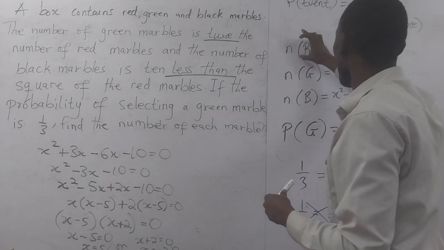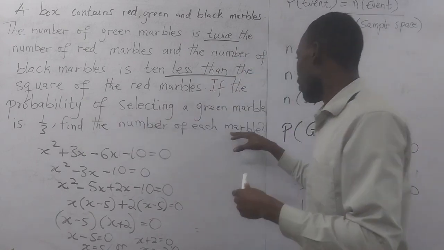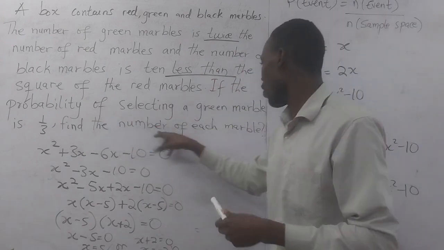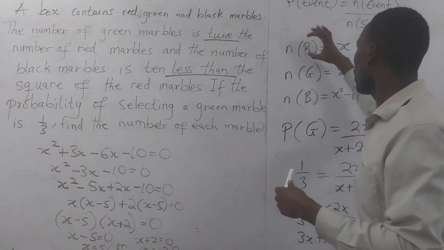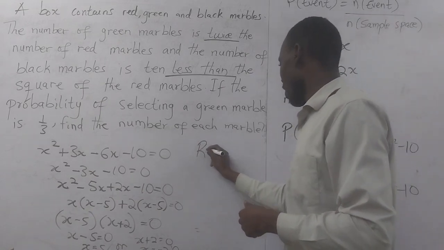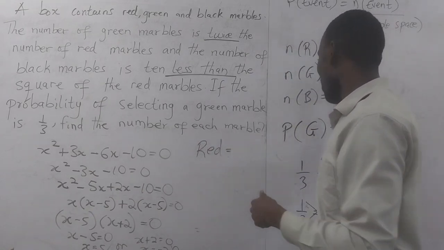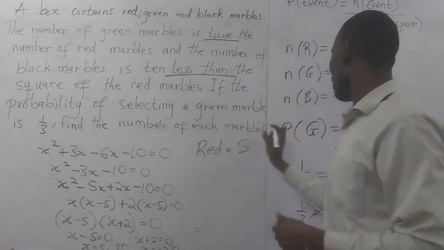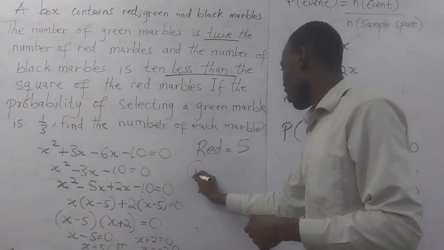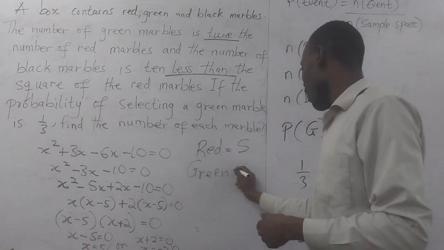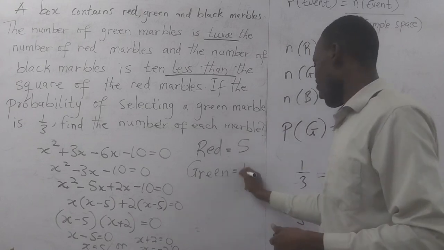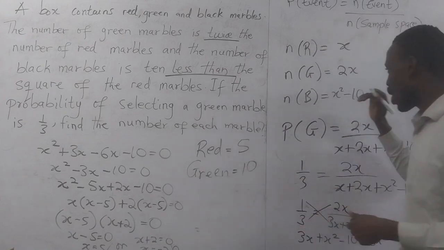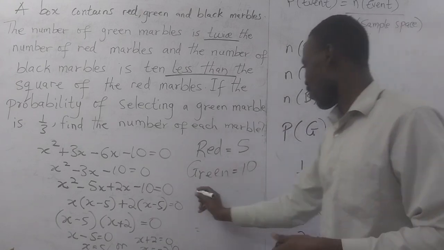So we are to find the number of marbles in each color. The red, automatically the red is straight, that will be 5. And let's go to the green. Green will be 2 times the red, which is 2 times 5, giving us 10. But for the black, we need to simplify further a little.